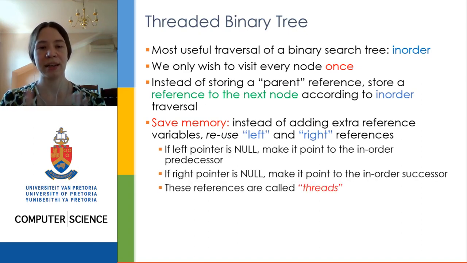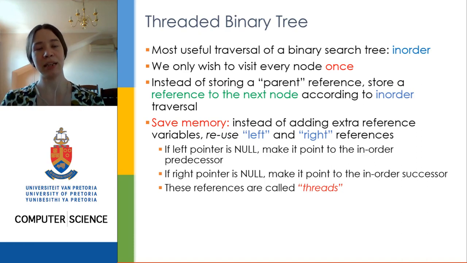So, if you are at a leaf node, or at any node which doesn't have a left child, what you can do is make that pointer, instead of pointing to a non-existent left child, point to the in-order predecessor of this node in the tree.